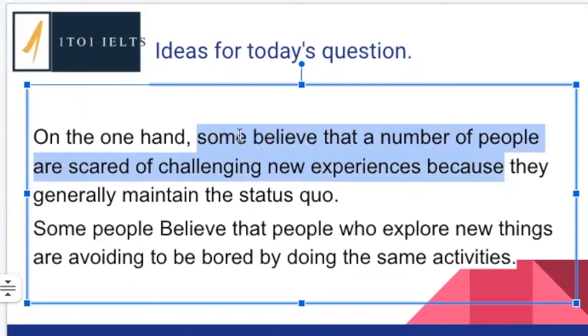So let's read this part. Some believe a number of people are scared of challenging new experiences because. So we're definitely giving a cause, but what are we giving a cause for? We're not giving a cause for some people like to try new things.